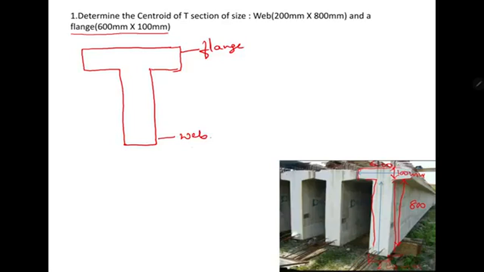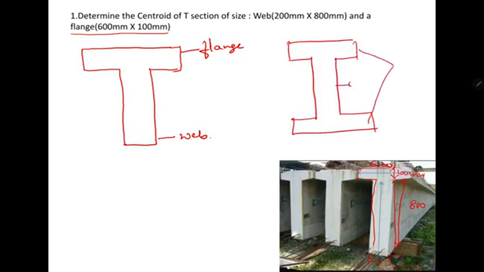So in the T section, we have one web and one flange, and in the I section, we have two flanges and one web. Now the dimensions have been given.